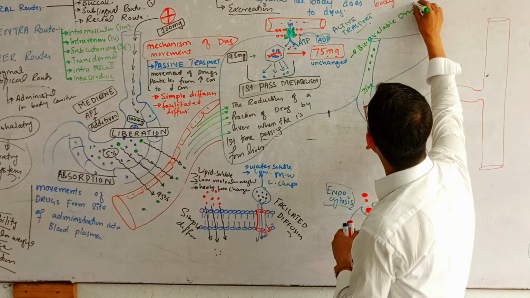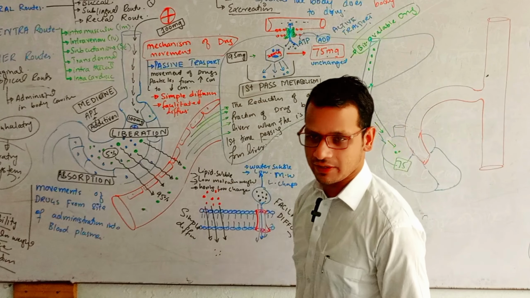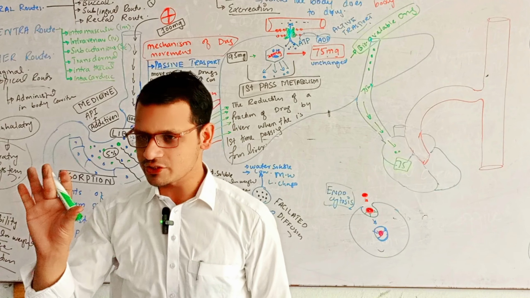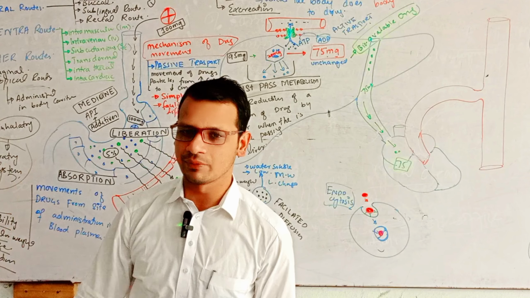The fraction of drug which is in unchanged form and available for systemic circulation after first pass metabolism is called bioavailability.